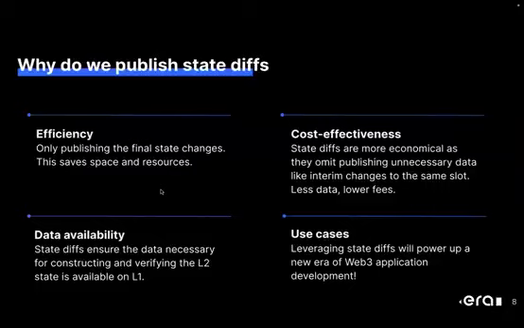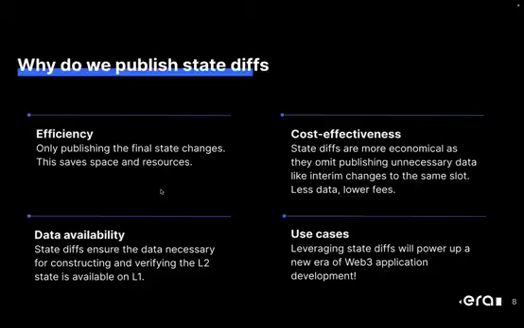Instead of recording all the details of that new state, we can just keep track of what has changed from the old state. That is efficiency. Cost effectiveness. State diffs are more economical as they omit publishing unnecessary data, like interim changes to the same slot, signatures, etc. Less data, lower fees.